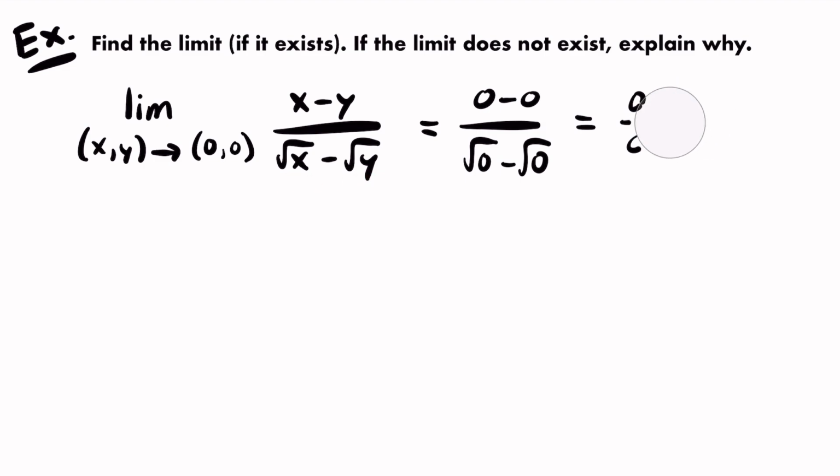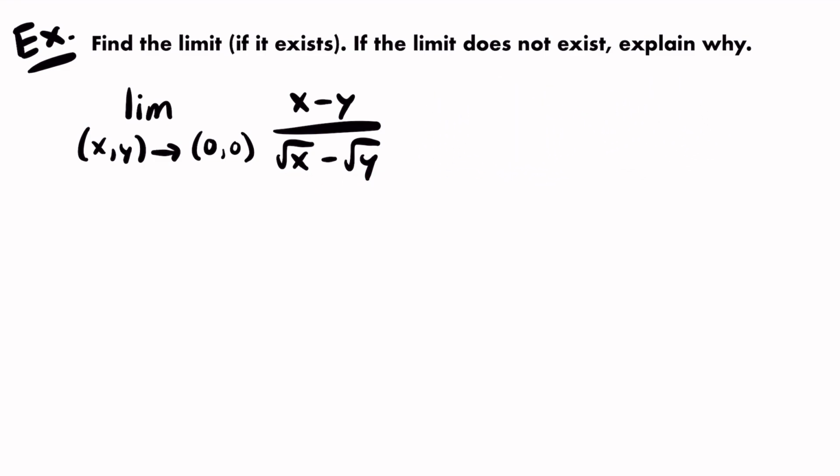What you can do is try multiplying by a form of 1 using the conjugate of that denominator, or in other words, rationalize the expression, right? What we can do here is multiply by the square root of x plus the square root of y divided by itself. All right, we're just multiplying by a form of 1 because anything divided by itself is 1, and multiplying something by 1 doesn't change its value.